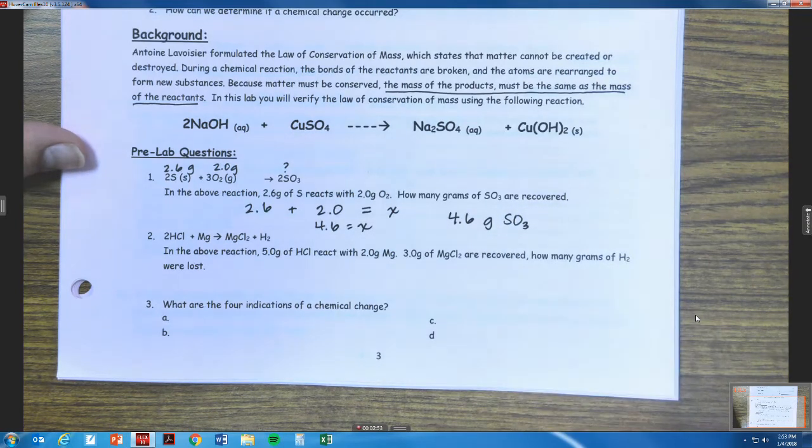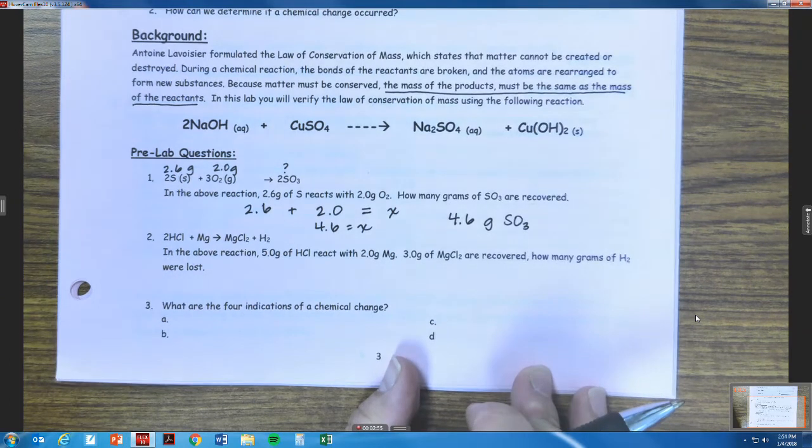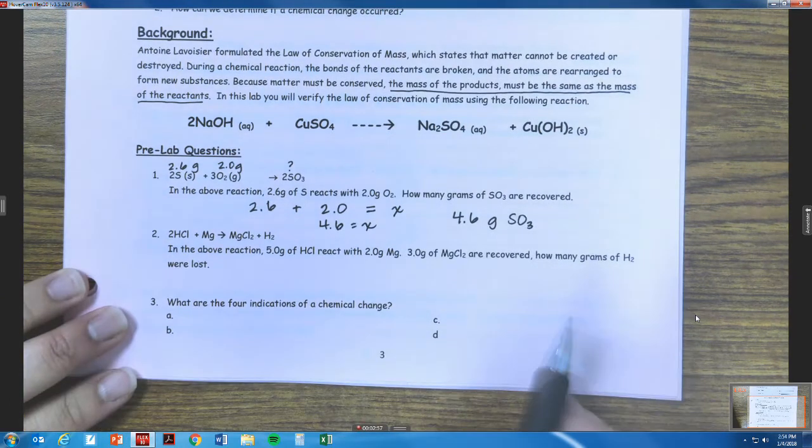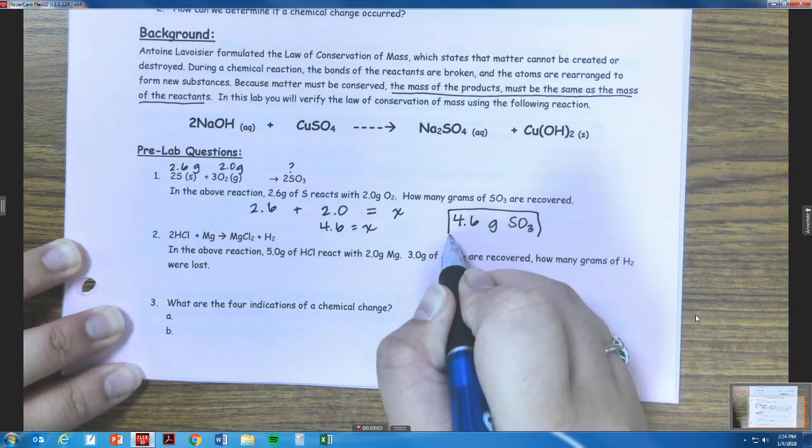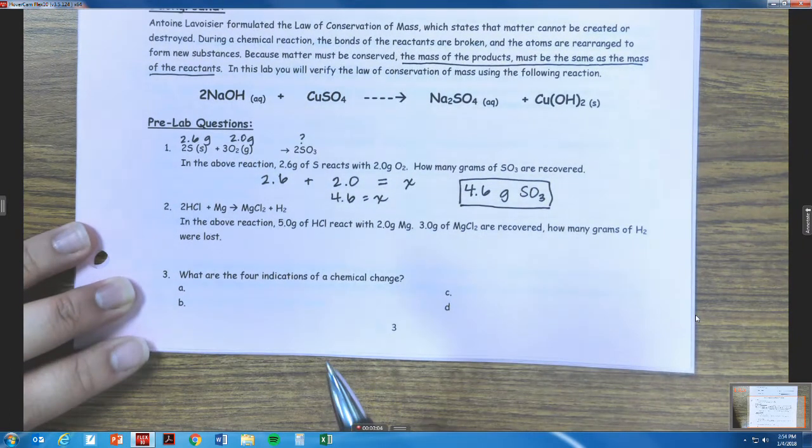Okay, that's going to be the law of conservation of mass. It's real basic algebra. Okay, so let's go ahead and take a look at number 2.